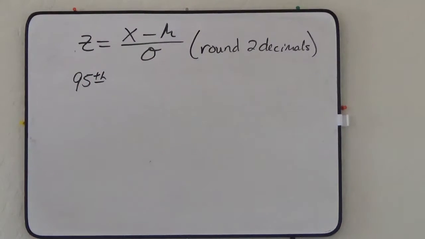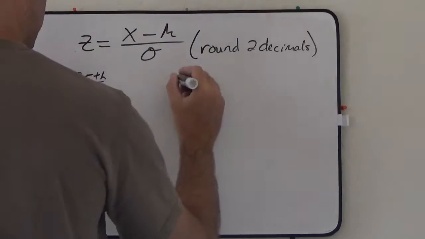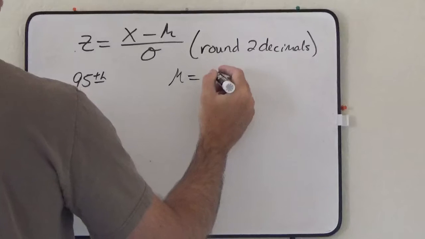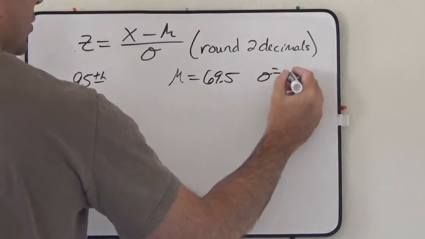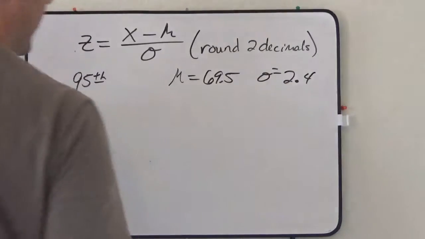Okay? We want to know the exact number, or the height, that is the 95th percentile of height. Now guys, a lot of this is going to be the same. The mean, which is mu, is going to be 69.5. The standard deviation is going to be 2.4, just like in the last problem.